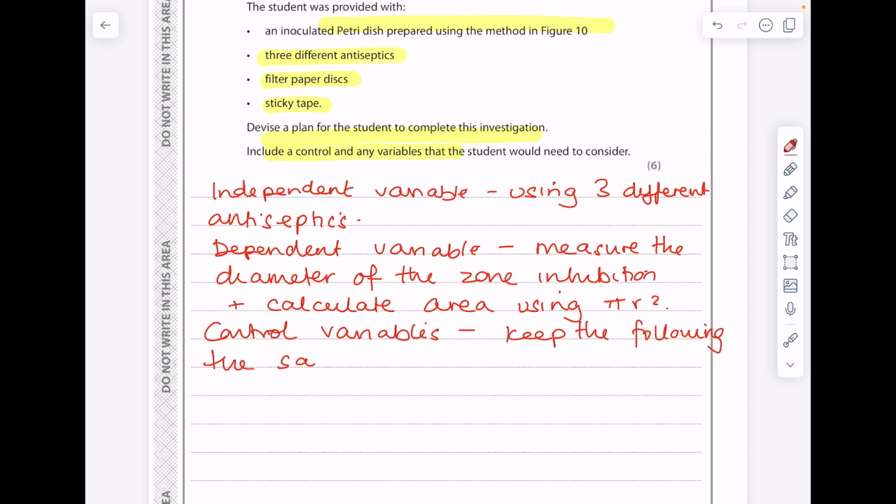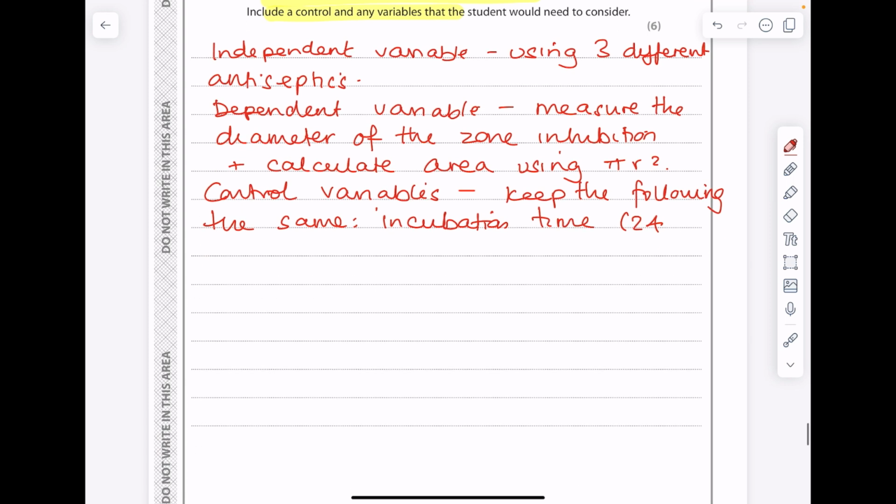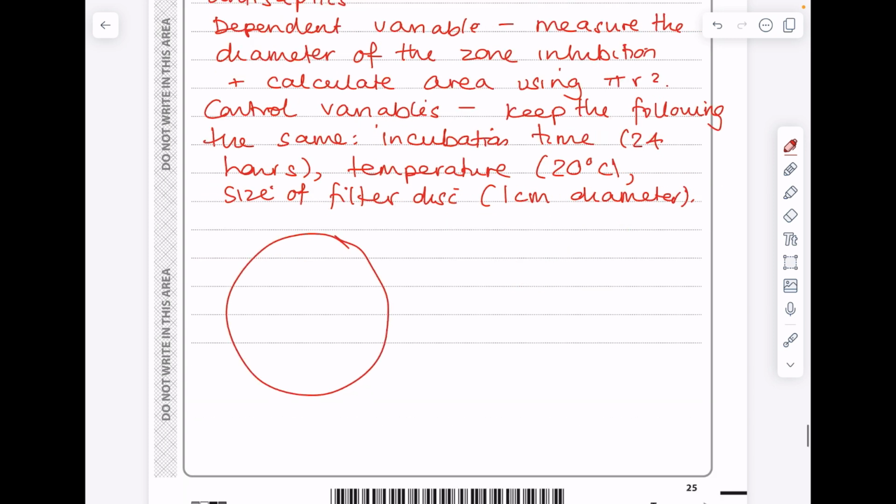We want to keep the same the incubation time, e.g. 24 hours. We want the temperature to be the same, such as 20 degrees room temperature, and the size of filter disc, e.g. 1 centimetre diameter.